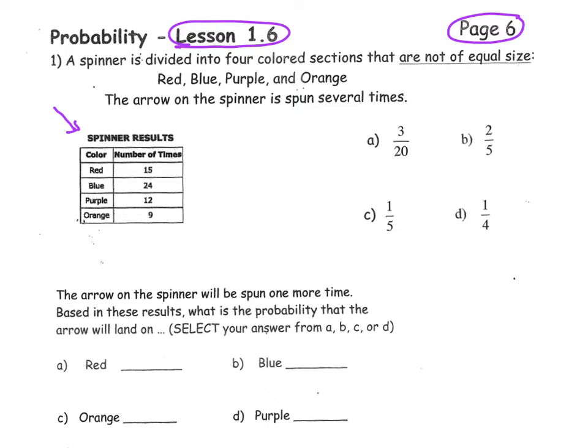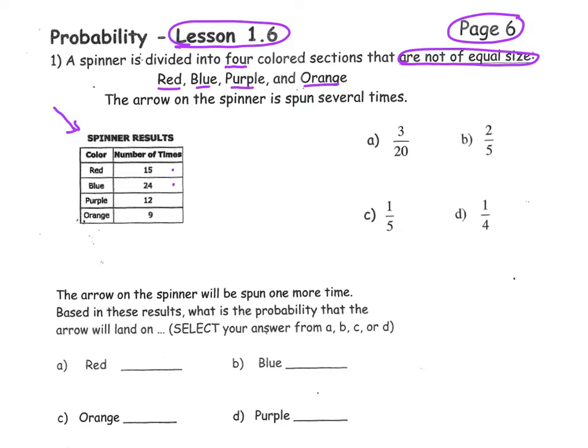A spinner is divided into 4 colored sections that are not equal in size: red, blue, purple, and orange. The spinner, the arrow on the spinner, is spun several times. The red has shown up 15 times.